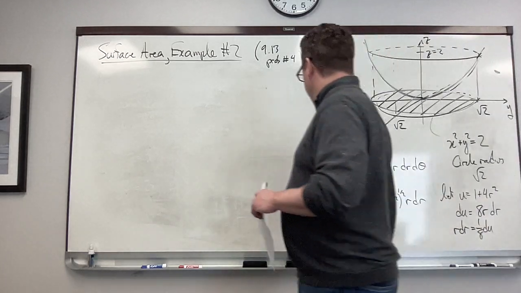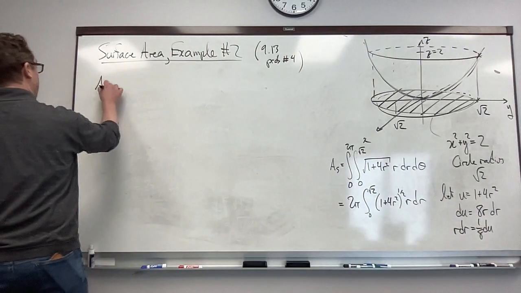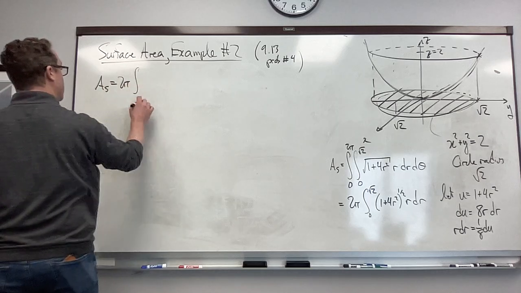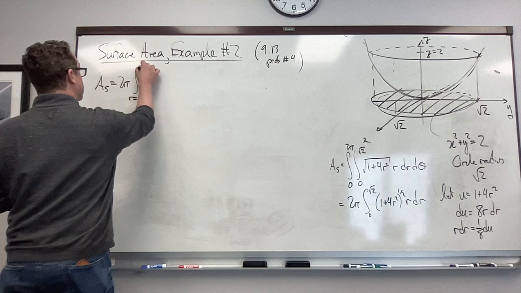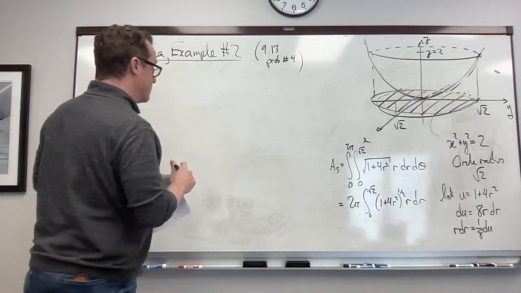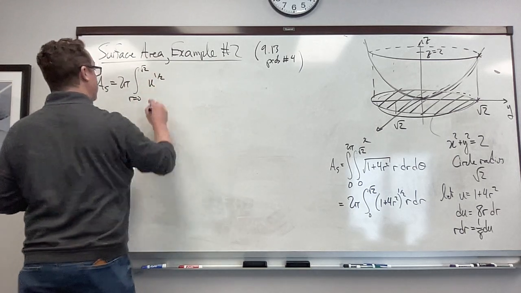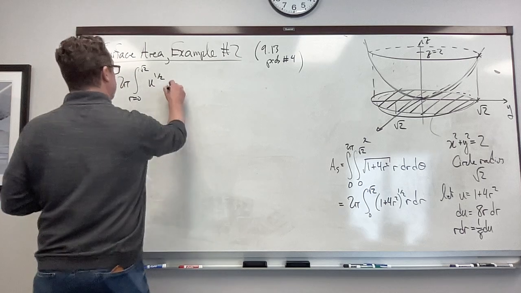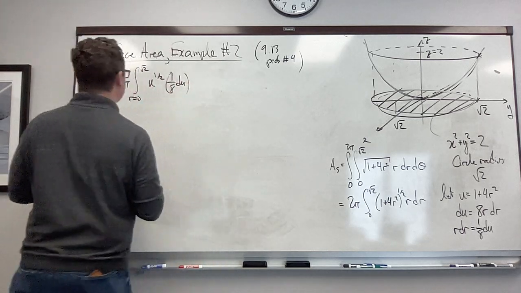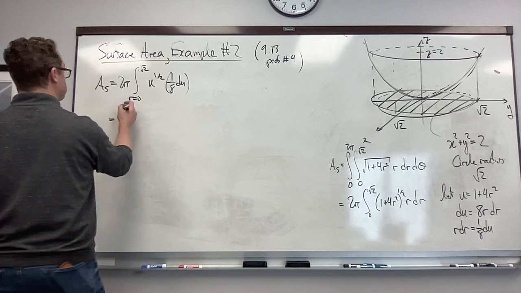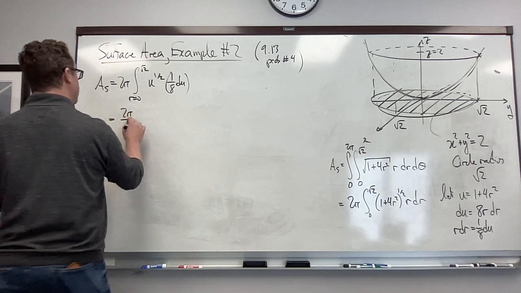Okay, so then this area is 2 pi, and I'll say this is r equals 0 to square root 2. Let's just get this. We have u to the 1/2, and r dr is 1 over 8 du. So I can take that 1 over 8 out for a minute.